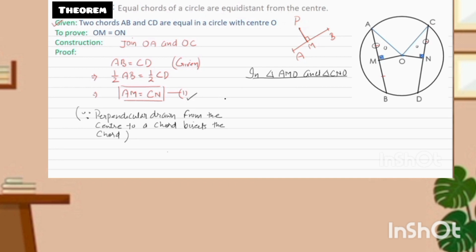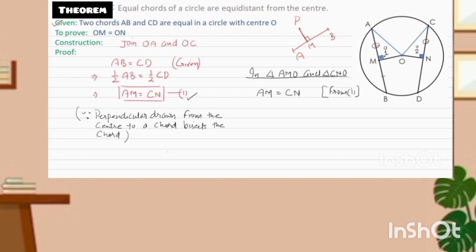So we will write that condition here. AM equals CN. Okay. And next, do you see anything common here or any equal parts in the triangles AMO and CNO?